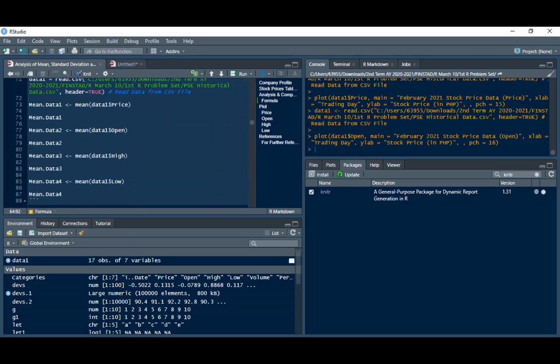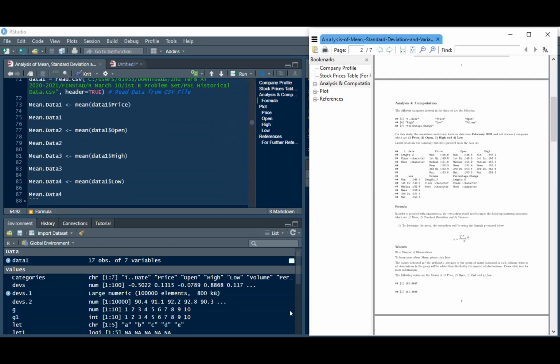Take a look, guys, at mean.data. They're creating an object called mean.data. And then mean. Okay, what's the use of the dollar sign there? So that only certain data will be accounted for. For example, for price, all the variables under price. The data one consists of date, price, open, high, and low.